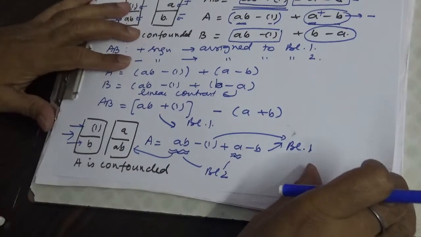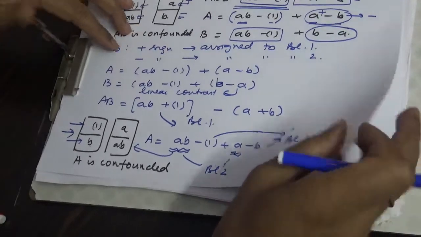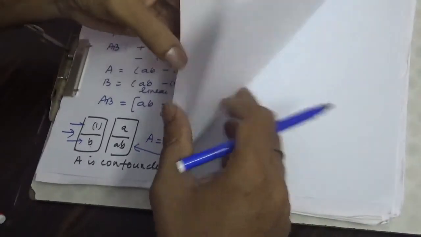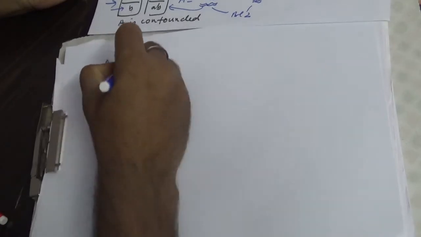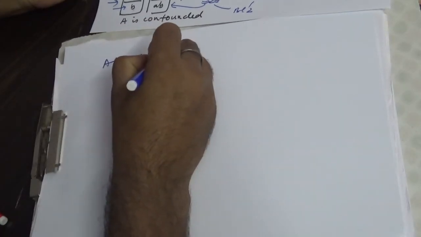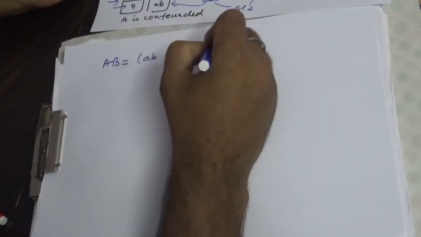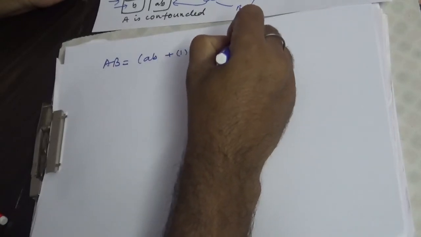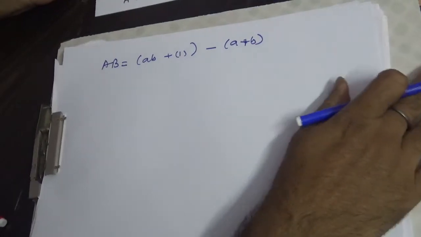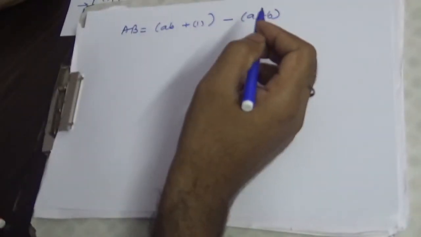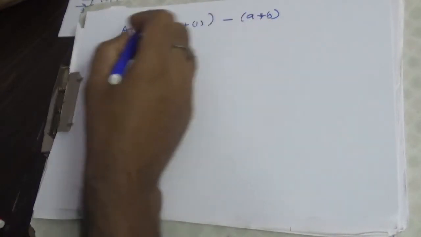Now in case you try to look at the same argument from a different point of view, if I try to write down AB, then I will say AB plus 1 and minus A plus B. So now I will try to look at it in the opposite way. Suppose my objective is that I want to confound AB.